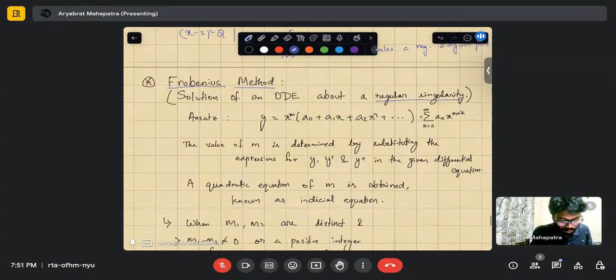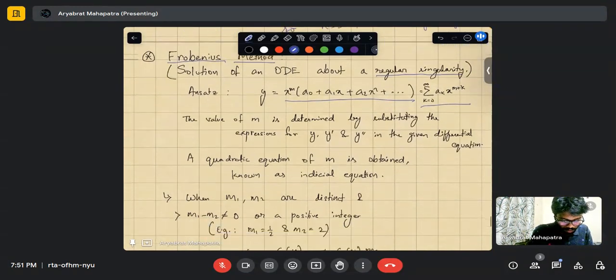Earlier, the ansatz that you were taking, you have to modify a bit, where you pick a factor of x to the power m multiplied with this whole series, written using this summation notation.